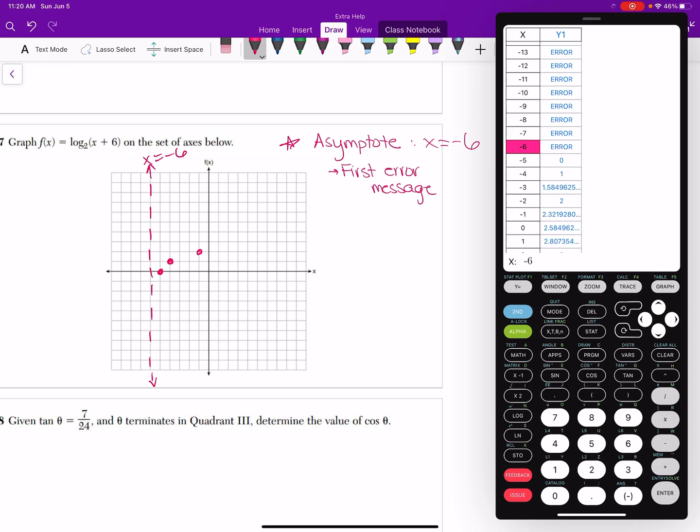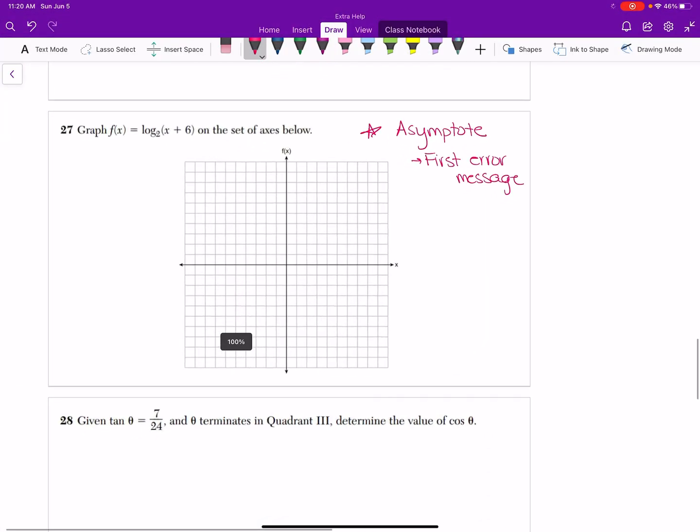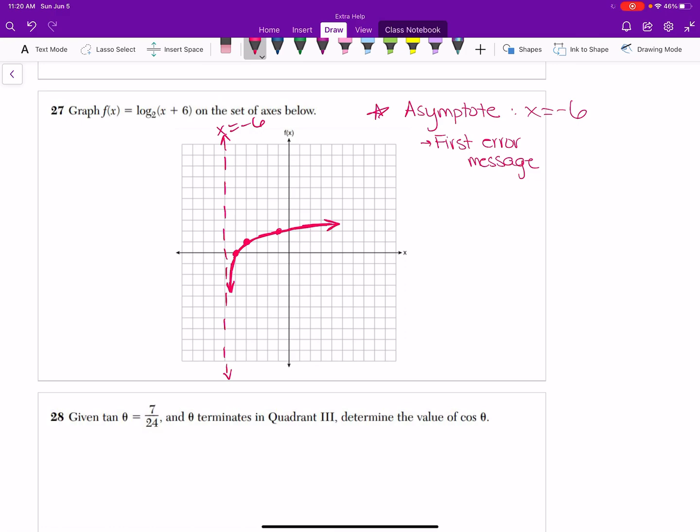Remember, this is the one graph the calculator cannot do completely correct because it looks like it starts out of nowhere. So it is up to you to know that it does go down forever, and we should put an arrow on both sides of the graph. So there is my log graph. That was a 2-point question.